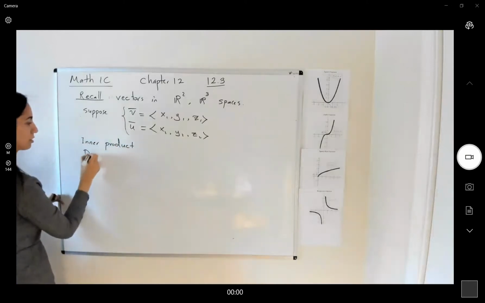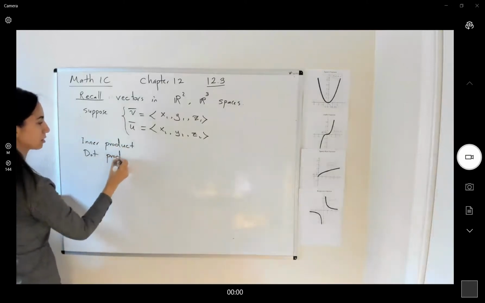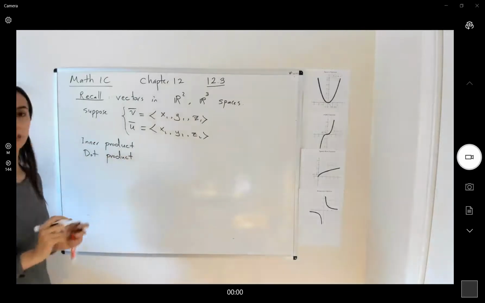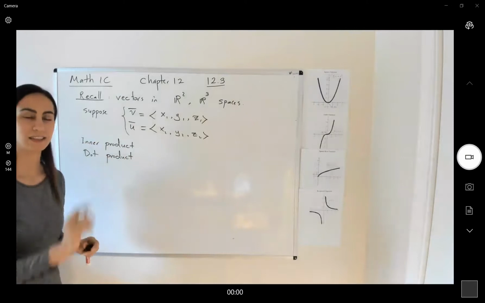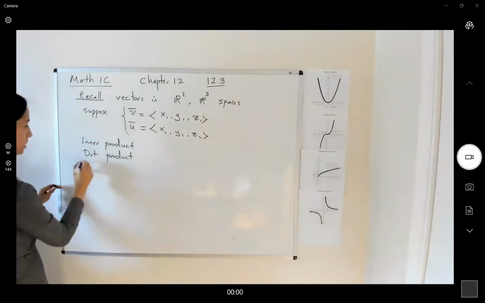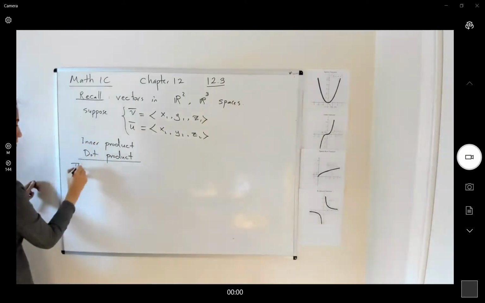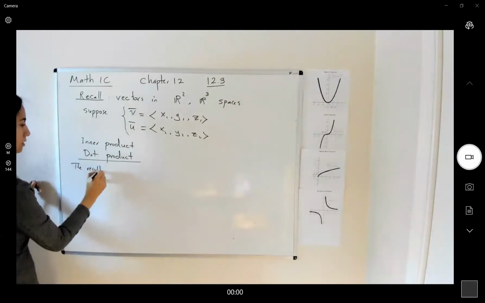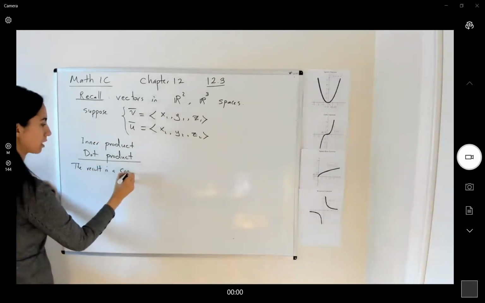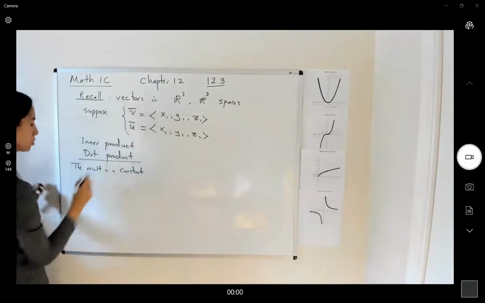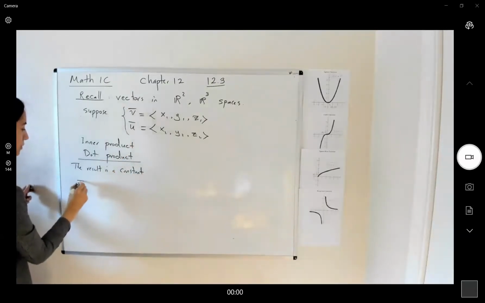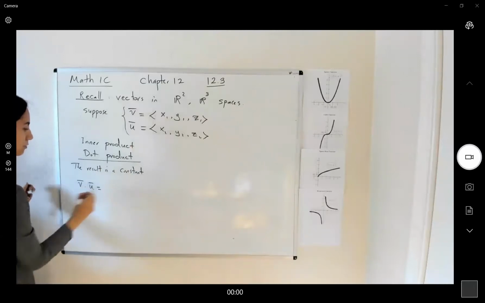The inner product of two vectors always is one number. So the result is a constant. We define it this way: U times V or V times U, V dot U.